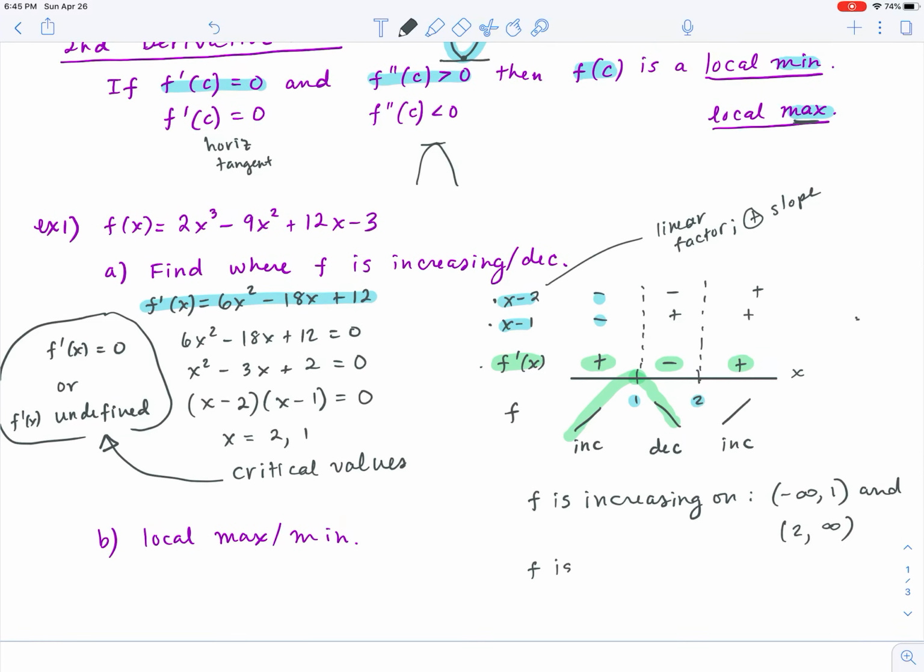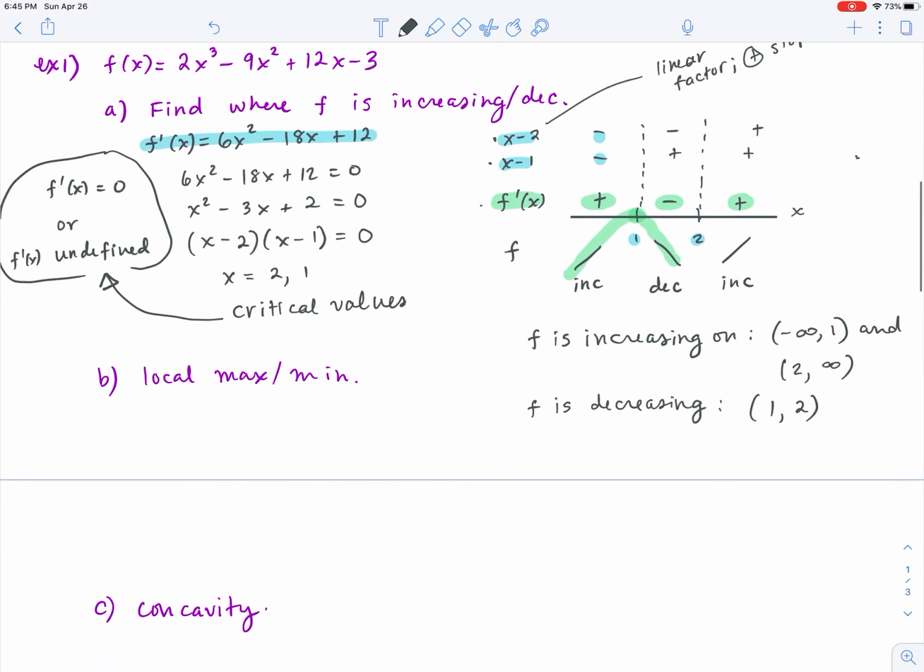F is decreasing elsewhere, or more specifically between 1 and 2. Let me seal this off a little bit.